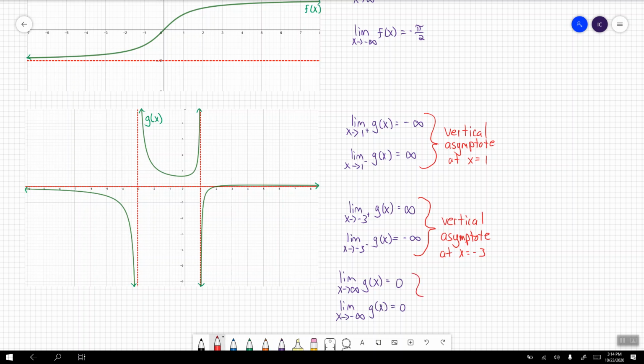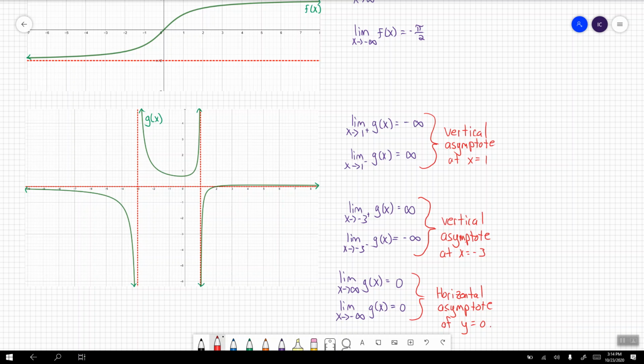This tells us that we have a horizontal asymptote of y is equal to 0.